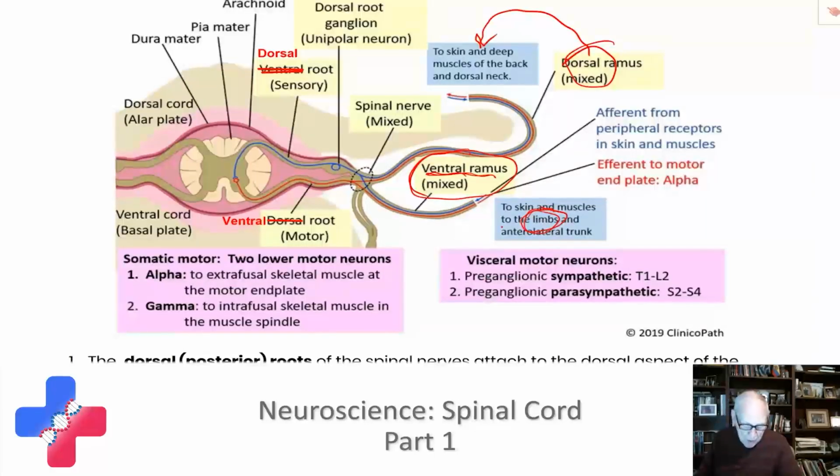Okay. Now I want to go next to another kind of sidetrack for a moment, and that is to look at a piece of the autonomic nervous system that's related to spinal cord and brainstem. And of course, that's going to be related to the distributions of sympathetics to the head.